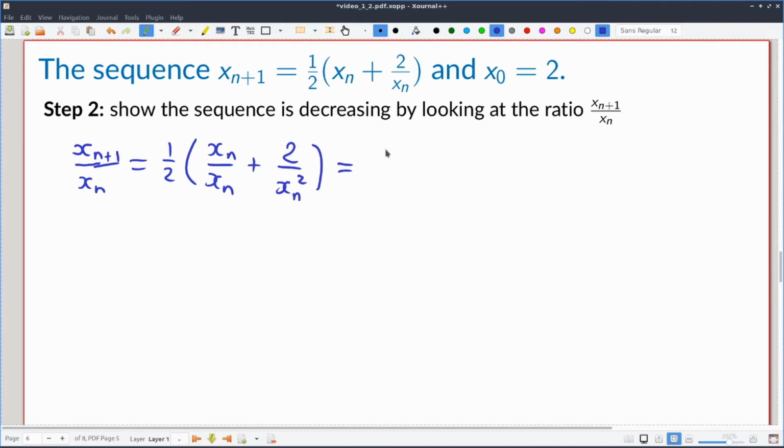So that's going to give us 1/2 times this quantity, that's 1 plus 2 over xn squared. So that's going to give us 1 over 2 plus 1 over xn squared.